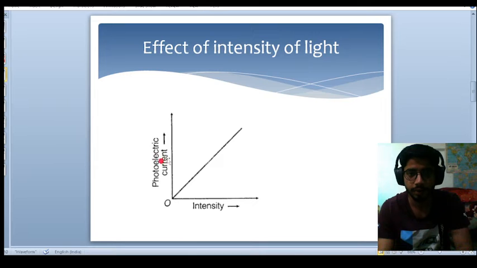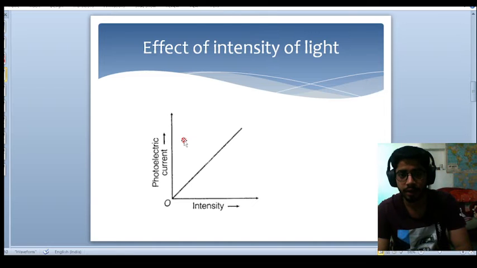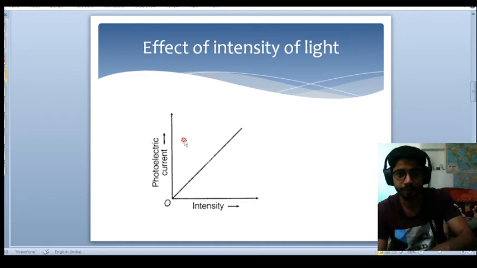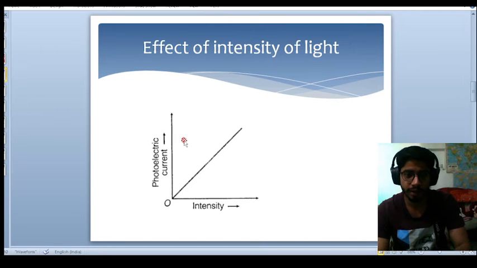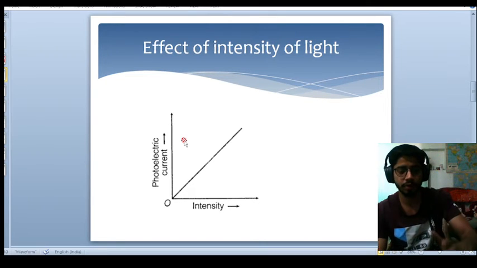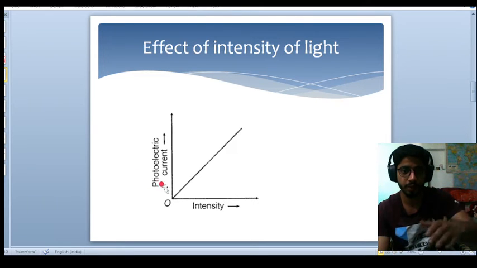Moving to the next slide: the effect of the intensity of the light. Intensity is the number of photons per unit area per unit time. If we increase the intensity, it means the number of electrons is increasing per unit time per unit area.